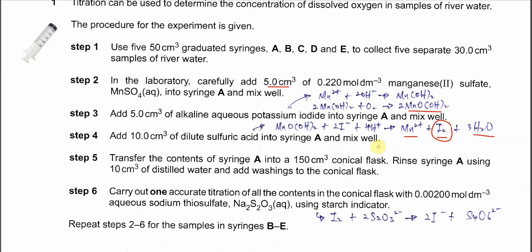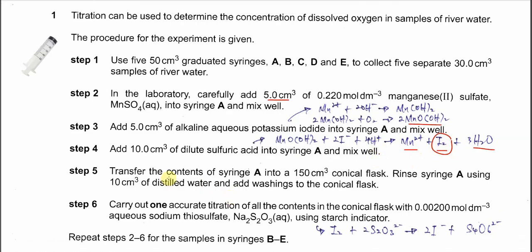Okay, after that, step 5. Transfer the contents of the syringe A into a 150 cm3 conical flask. Rinse the syringe A using 10 cm3 of distilled water and add the washing to the conical flask.